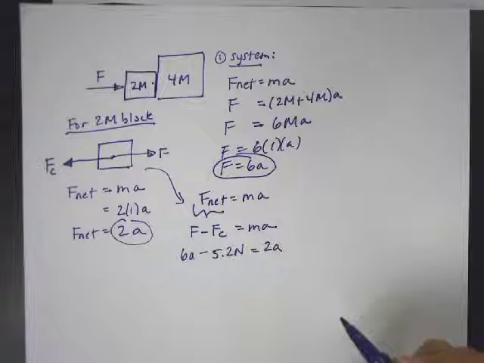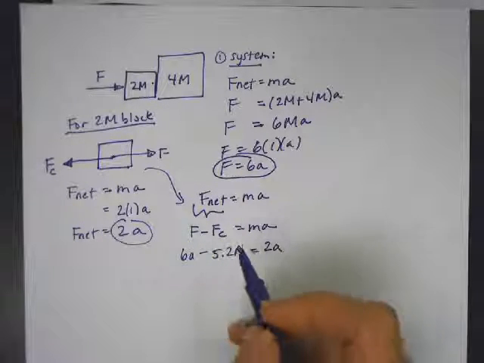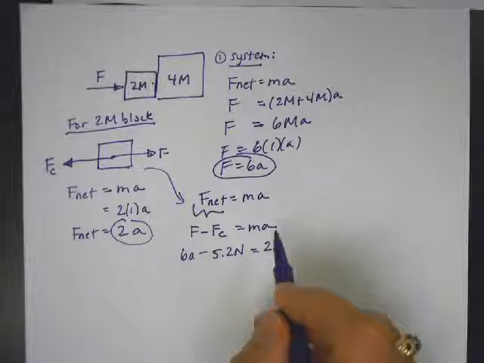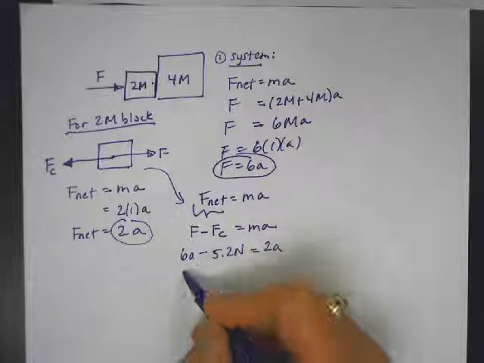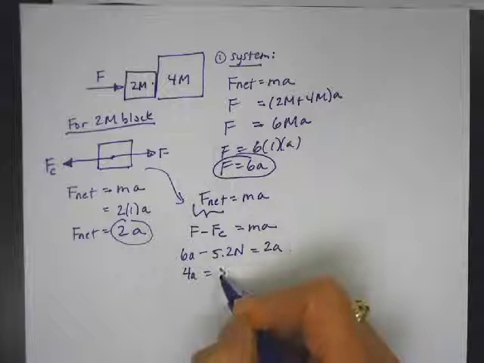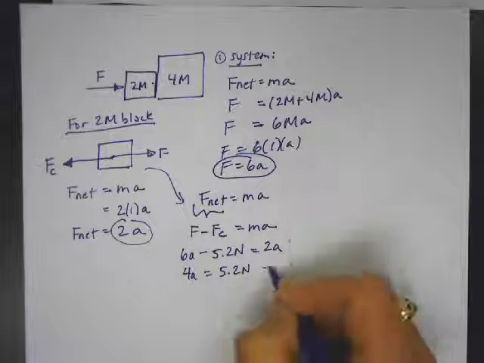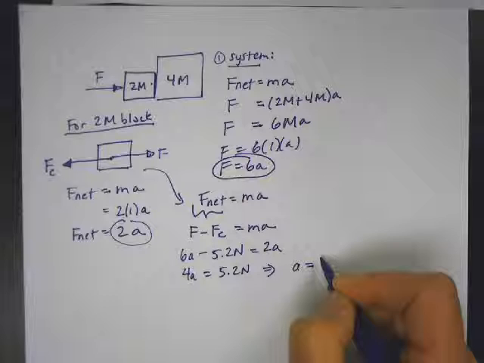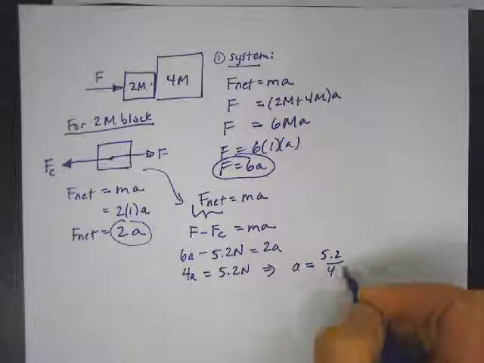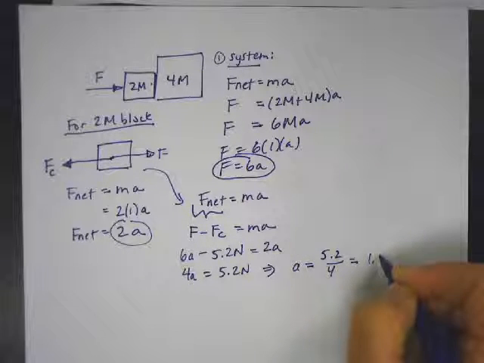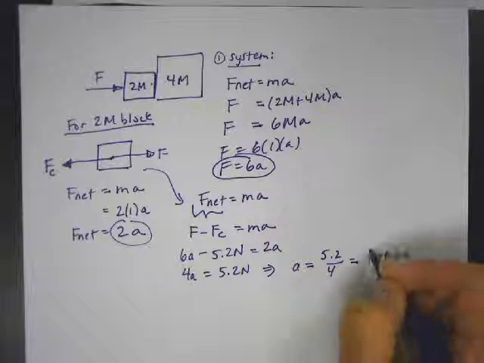So now my only unknown here is a. I just rearrange the equation and subtract 2a from both sides. So I have 4a is equal to 5.2 newtons, so a is equal to 5.2 over 4. So a is 1.3 meters per second squared. That's the acceleration.